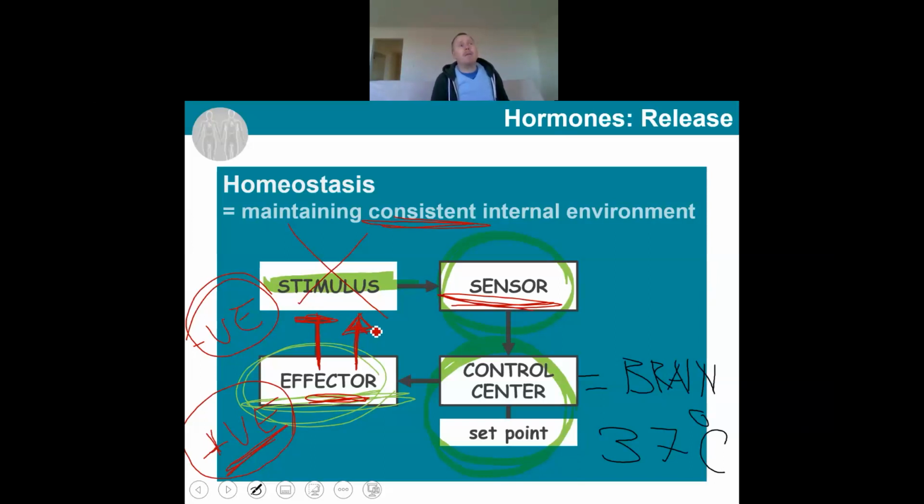Another one is forming of a scab, clotting in the blood, that once you start to form it, that promotes more of forming it to the site. That makes sense if we have a cut and we are starting to form a clot on that, we want to keep it doing until it's fully covered.